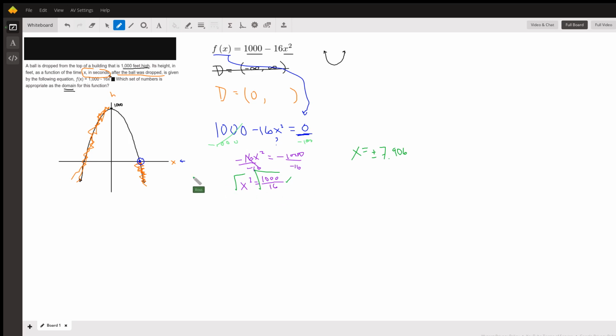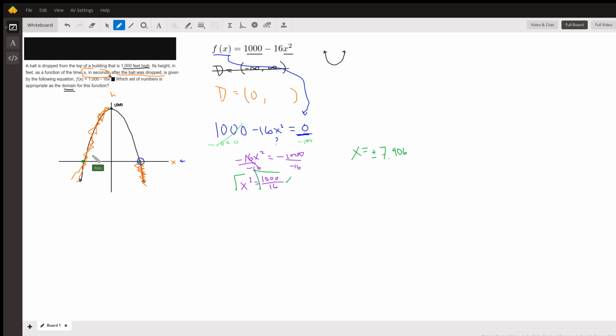So there's actually two answers here, which corresponds to these two x values where our graph hits 0 on the y-axis. So we have two x values. Which one goes here, right? We only want one of them.